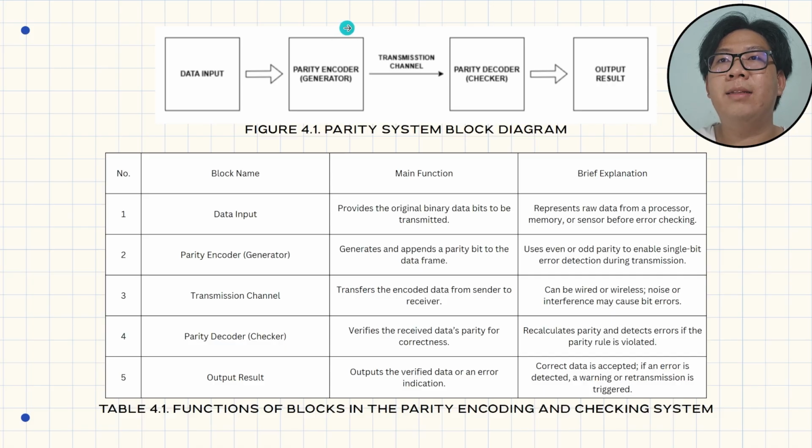After that, the signal passes through the transmission channel, which carries the data from the sender to the receiver. This can be a wire or wireless connection, but it's also where noise or interference may introduce errors. At the receiving end, the parity decoder or checker verifies the parity of the received data.